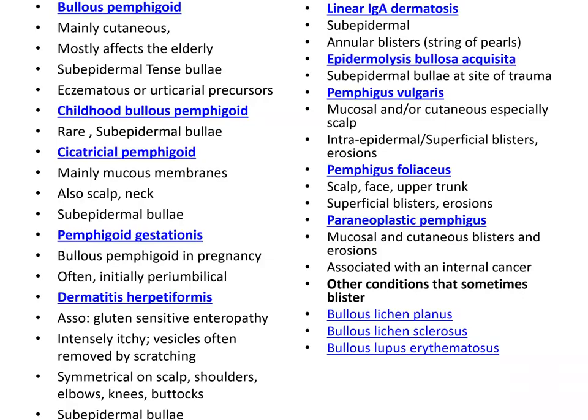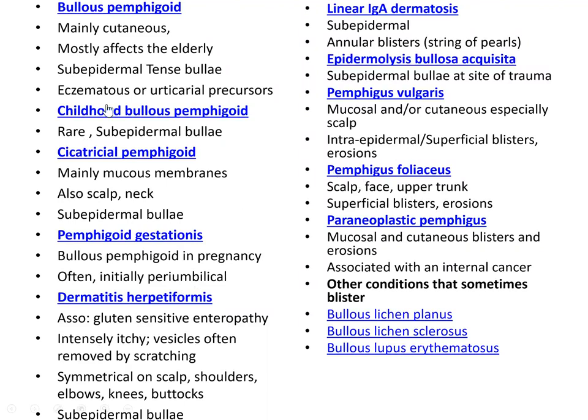So this is a very crowded slide showing most of the major groups of autoimmune blistering diseases. This slide can be used by you to compare the groups. And importantly, the important ones are bullous pemphigoid, then dermatitis herpetiformis, and the pemphigus group.